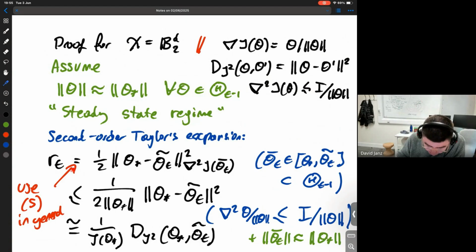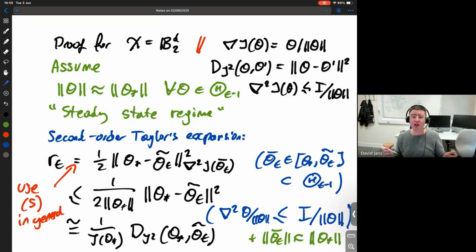So for our regret, just a second order Taylor expansion gives that it is the difference in norm between theta star and the support parameter with the Hessian here. And this Hessian, we have the closed form expression. This just ends up being 1 over the optimal value, J of theta star, times the difference in the norm.